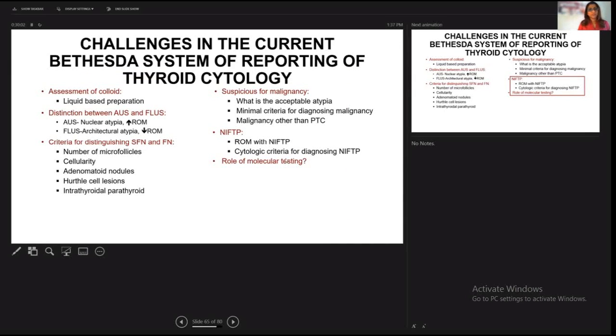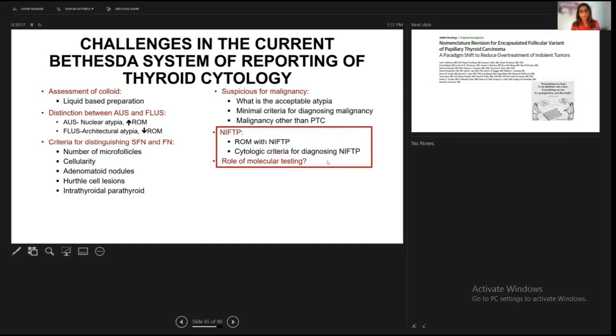Now we're going to move into the Bethesda system, and I just want to emphasize a few challenges in the current Bethesda system which still haven't been resolved, but I think moving forward we'll have more iterations. One of the bigger challenges now is NIFTP, right?